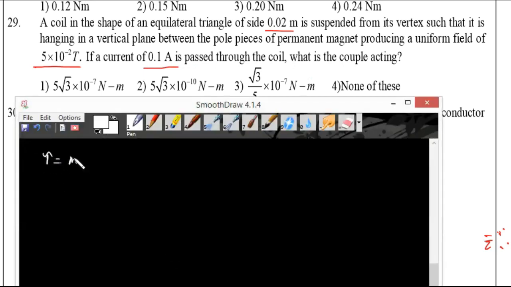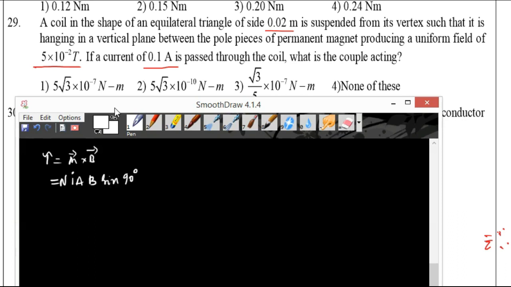Torque is equal to M cross B, which is I into A is M into B. N number of turns are there, N into sin theta. Sin 90 here because it is placed perpendicular.